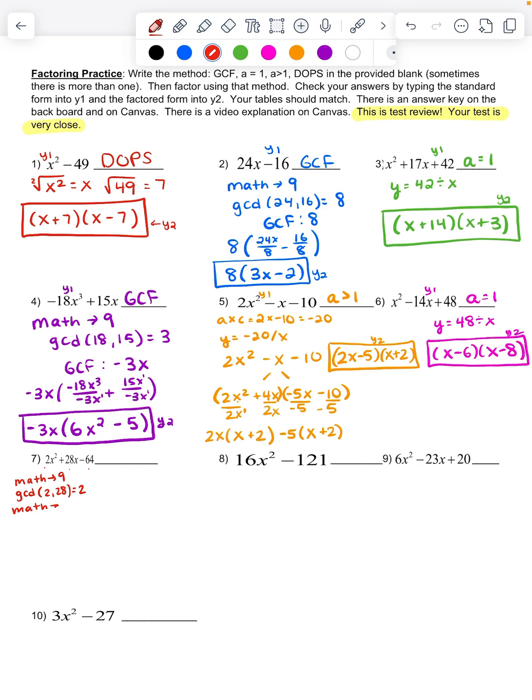And then if you do a math arrow to the right 9 of that GCF 2 and 64, you get another 2. So I actually can divide 2 out of all of these numbers. So there's a GCF here. And if I divide 2 out, it doesn't go away. It just goes to the front of the parentheses.